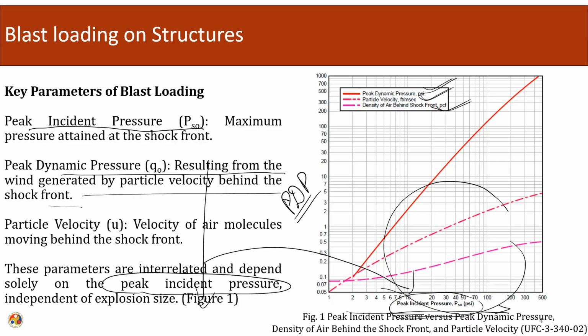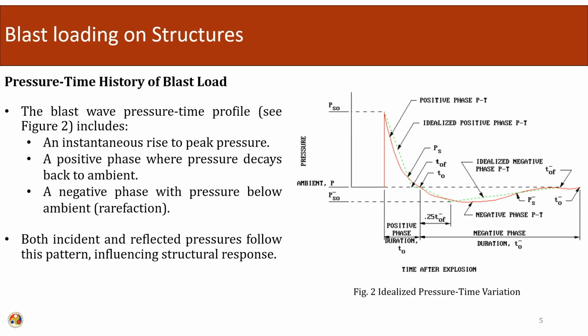Okay. So, basically peak incident pressure is the guiding quantity and all these other quantities can be derived from that. Okay. So, peak incident pressure is the basic signature of a blast loading. Okay. So, the pressure time history of the blast loading, we have already seen it, so we will reiterate it.